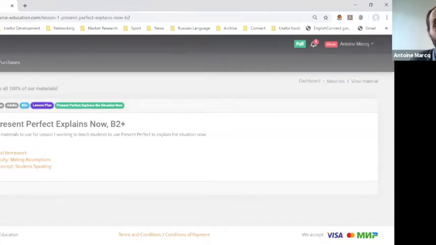Criteria number 2, it needs to be consistent. Exceptions are not here to confirm the rule. If my explanation is not consistent, in some cases it doesn't work, then I shouldn't give it to my students.